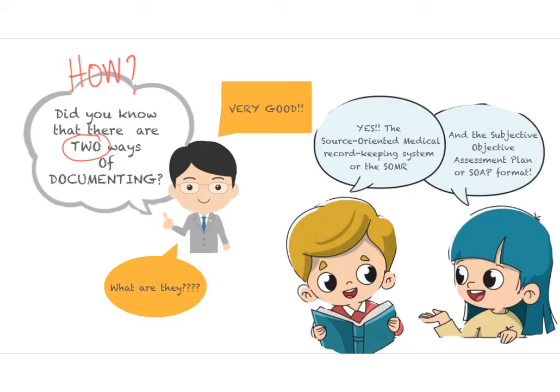What are these two ways? Number one is the source-oriented medical record keeping system, or the SOMR. And number two is the subjective, objective, assessment, and plan format, or in short, the SOAP format.